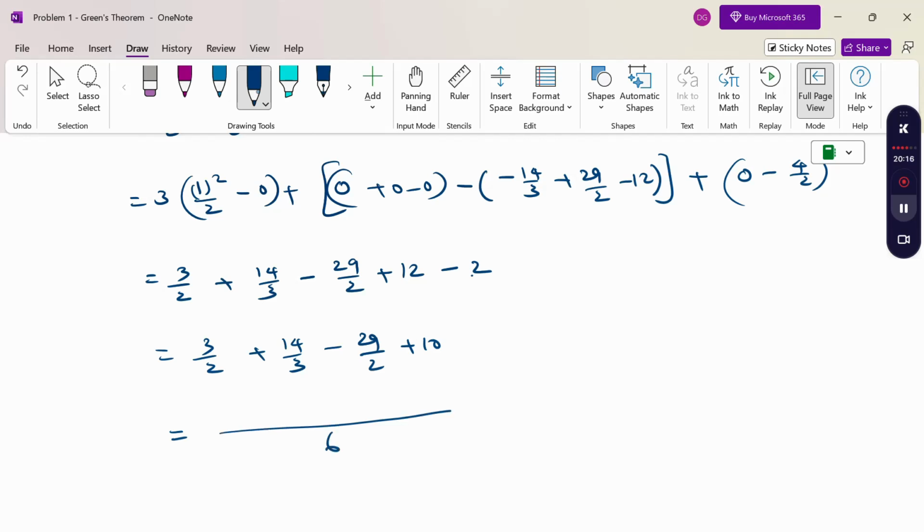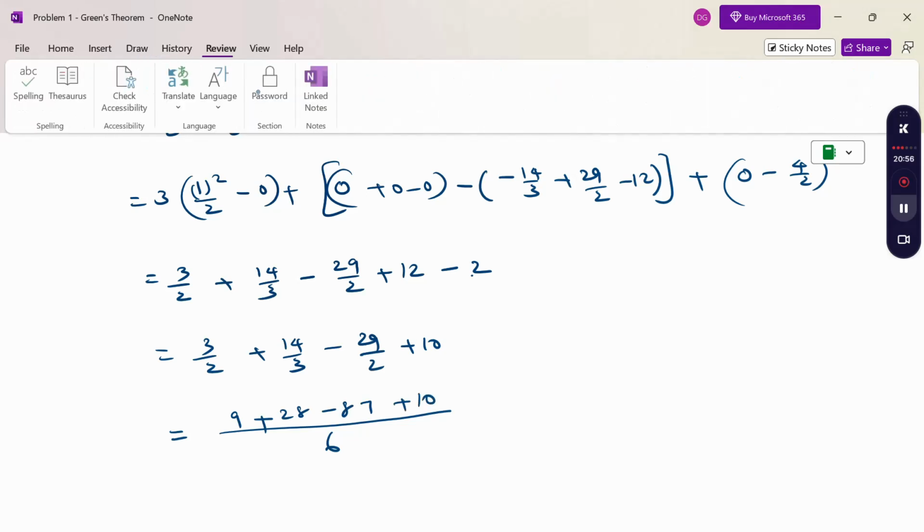If you are not familiar with taking the LCM, better use a calculator to write the decimal value. To change 2 to 6, the numerator and denominator are multiplied by 3, so 9, plus 28, minus 29 into 3, 87, plus 10.